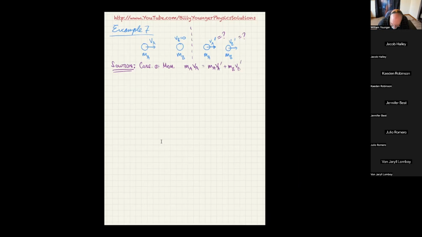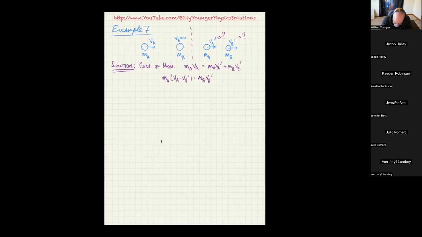So we can do something with this. Basically, what I'm going to do is group the MAs together. So I'm going to say MA times parentheses VA minus VA prime is equal to MB times VB prime. So that's one equation.